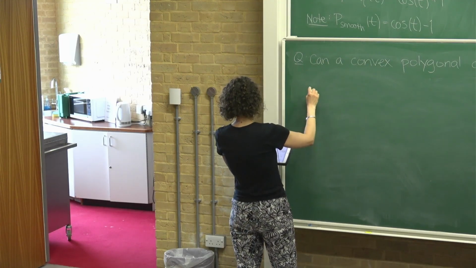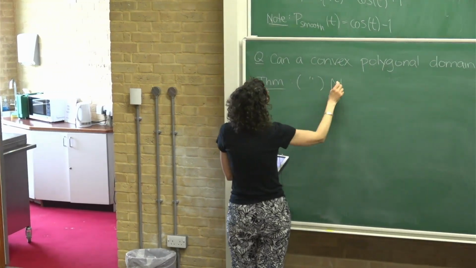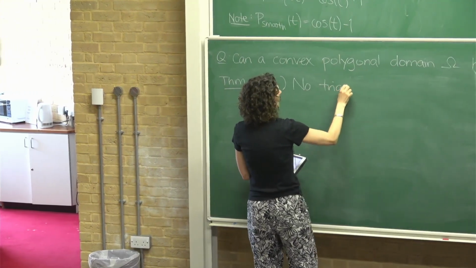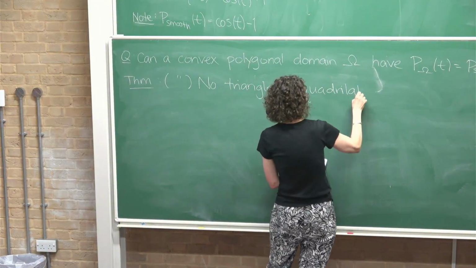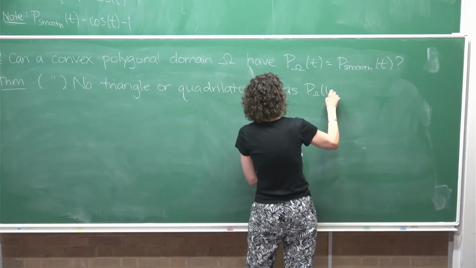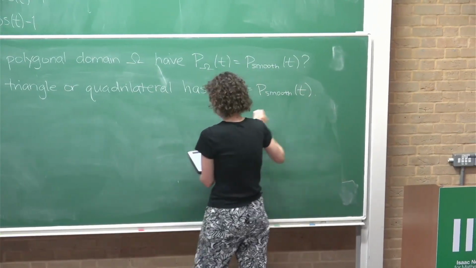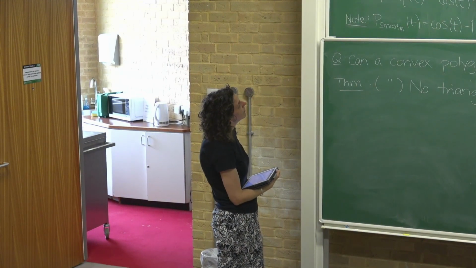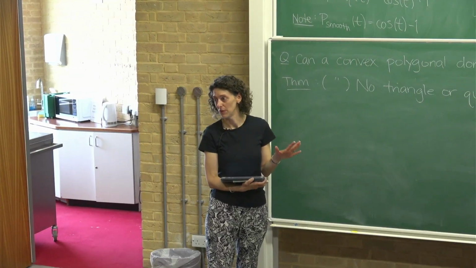Okay, so, theorem, same people, which you can probably guess: no triangle or quadrilateral can have the same characteristic polynomial as a smoothly bounded domain.